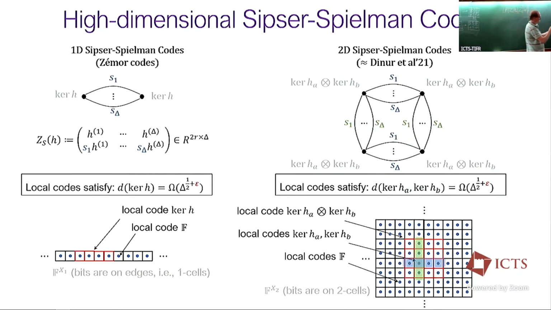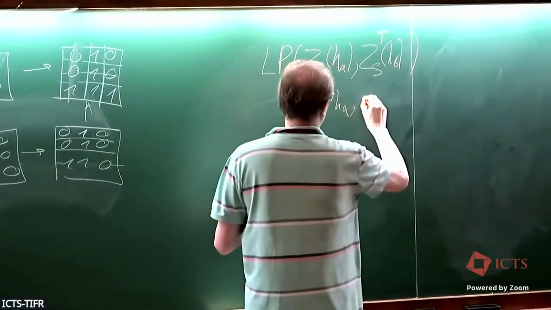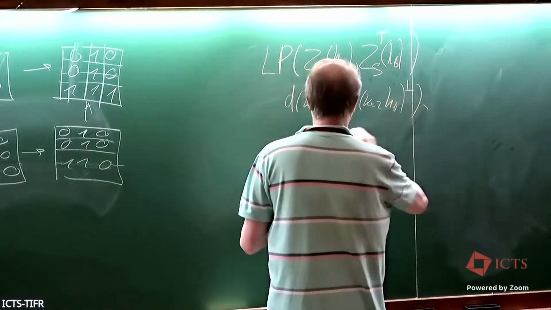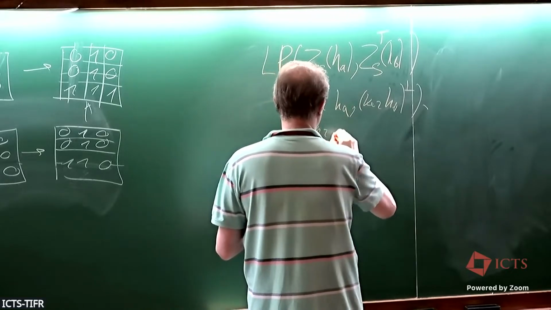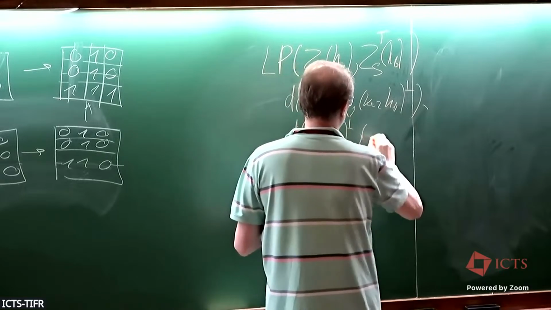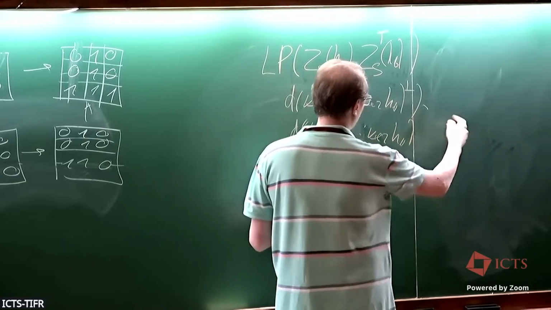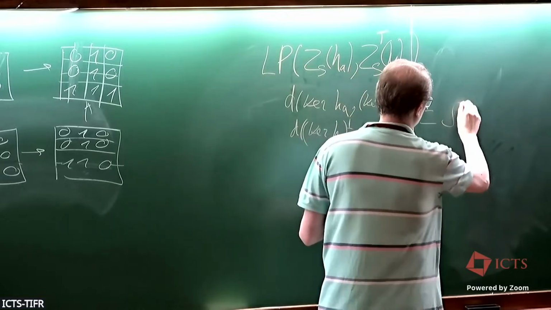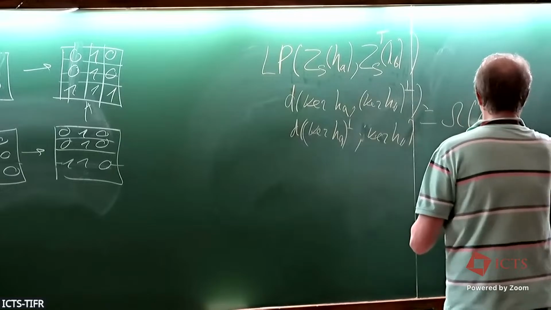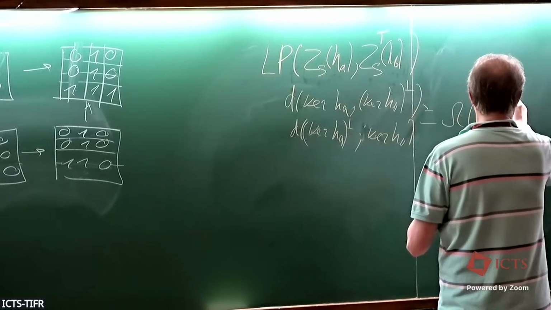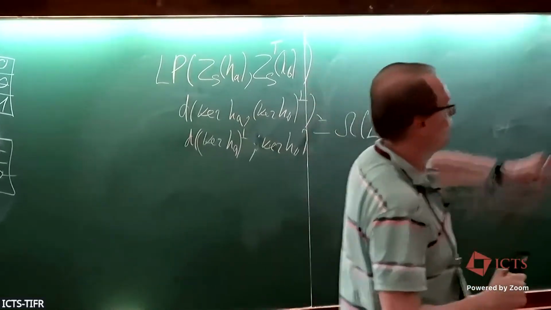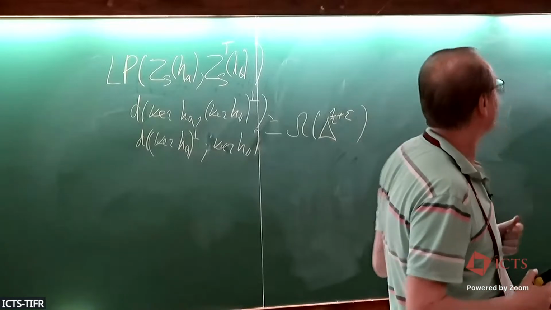And these conditions are similar to this, but we require that both of these should be large, so these analogs of minimum distance should also be large.